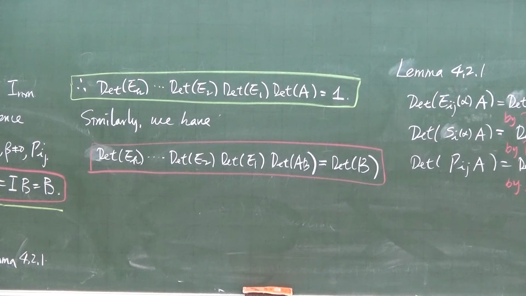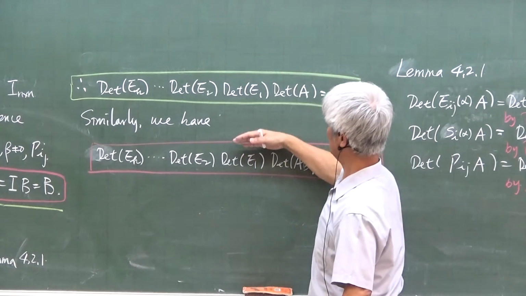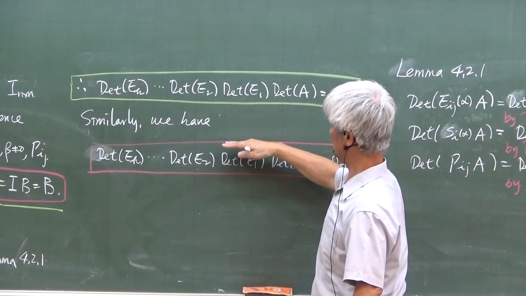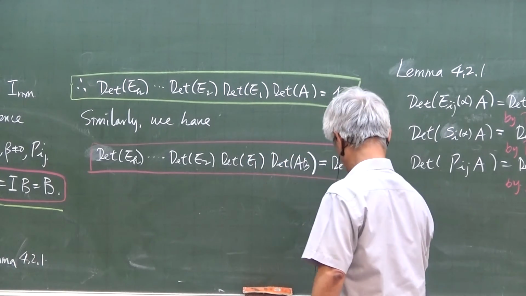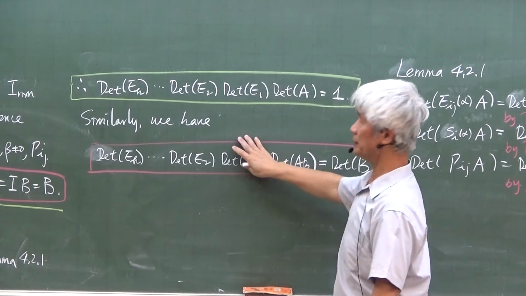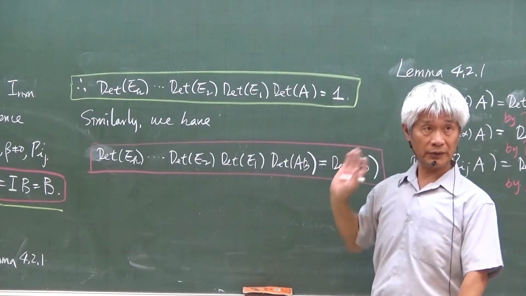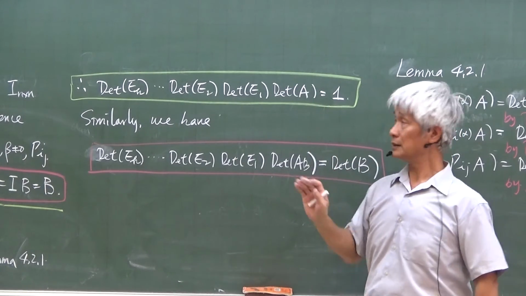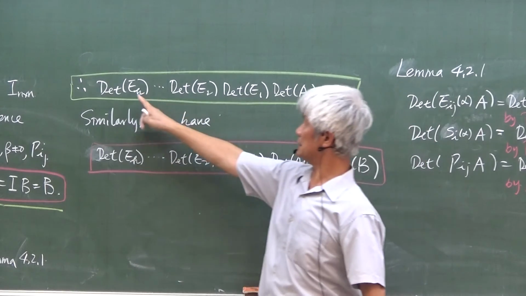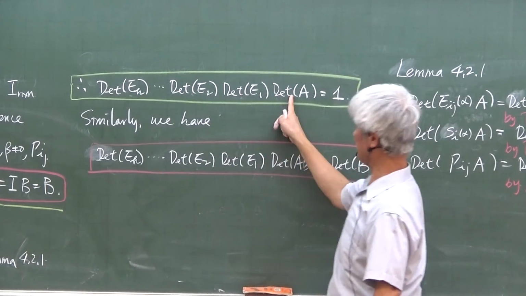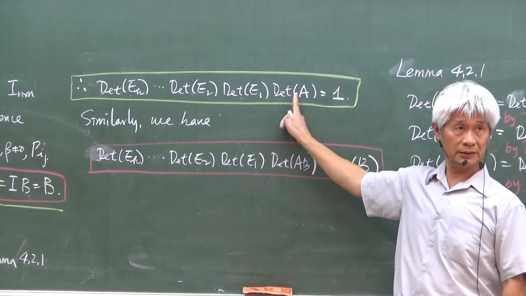Now we divide the rate equation by the green equation. You see, this is non-zero, everything is non-zero, okay? Why?